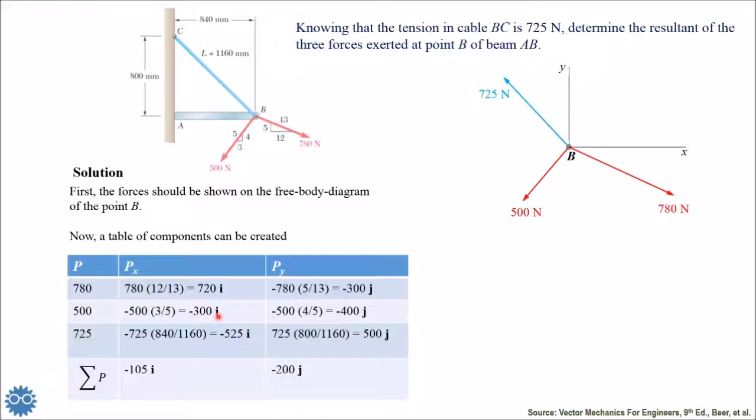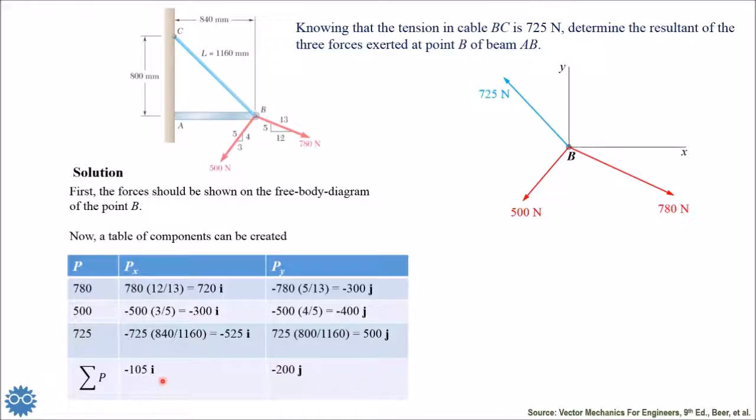Finally, we can get the sum of the similar components. So we have x components, we can sum them algebraically, no problem. We can algebraically sum these values because they are in the same direction. Also, the values of the y components can be summed algebraically because they have the same direction.